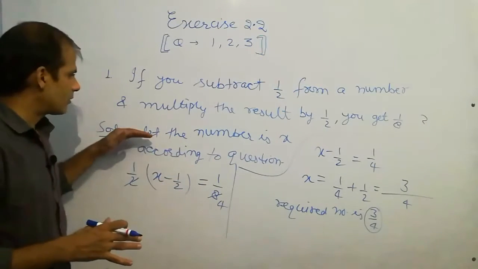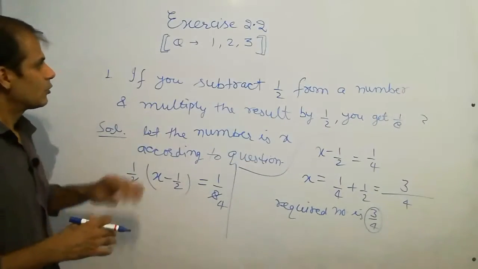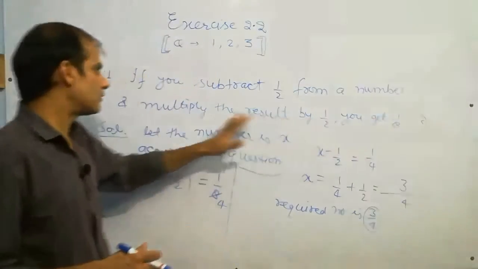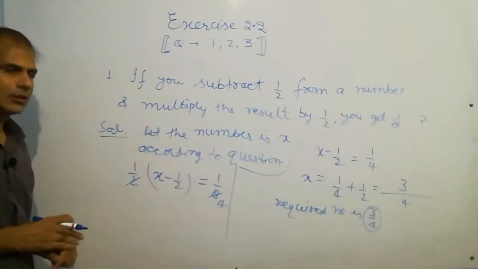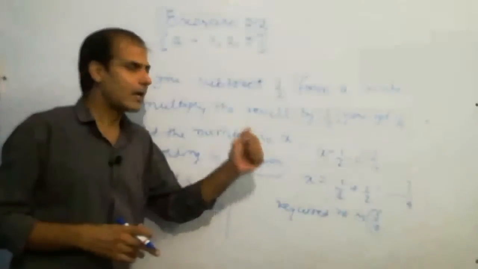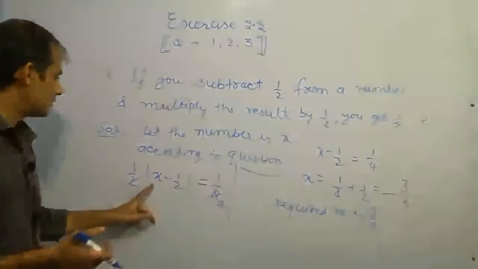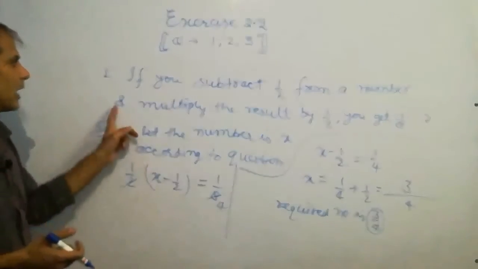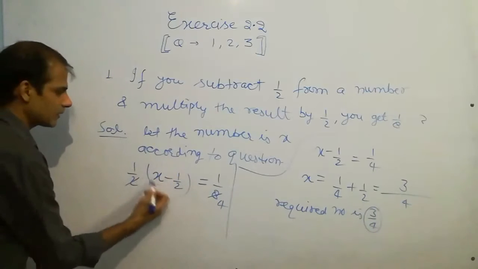Okay, let the number is x. Then according to question, you have to translate these statements into mathematical equation. आपने जो भी नंबर असयूम किया है उसमें से इस नंबर को सब्ट्रैक्ट करना है. Then we have subtracted and multiply the result by 1 upon 2. This is the result of subtraction.